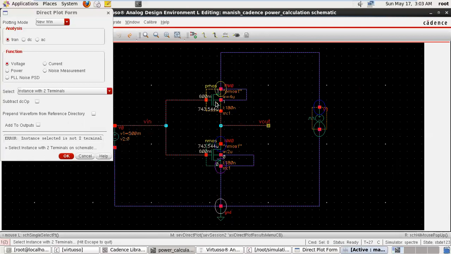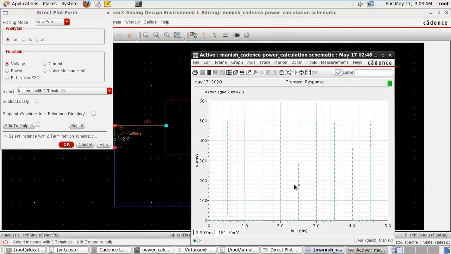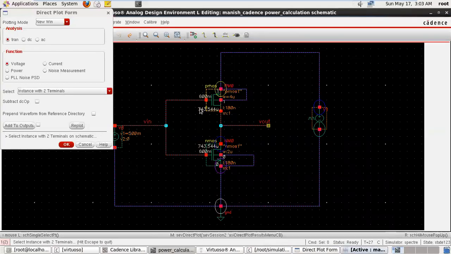Since these are the four terminals, we cannot find the difference of the two nodes. Now suppose we are selecting the input device, so these are the input differences. So these are the voltage of the device, or in two terminals.